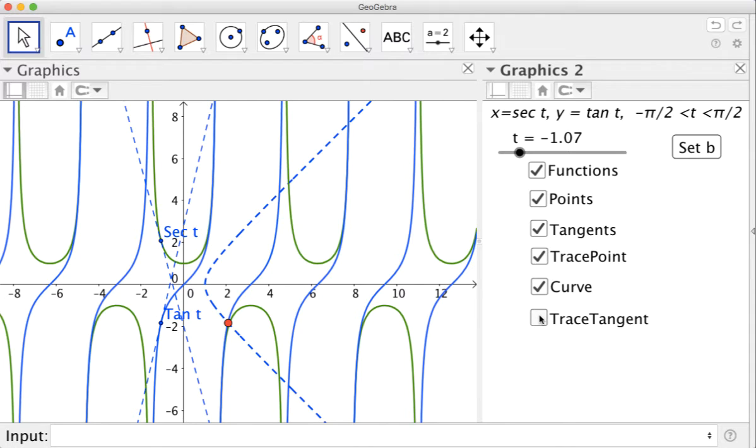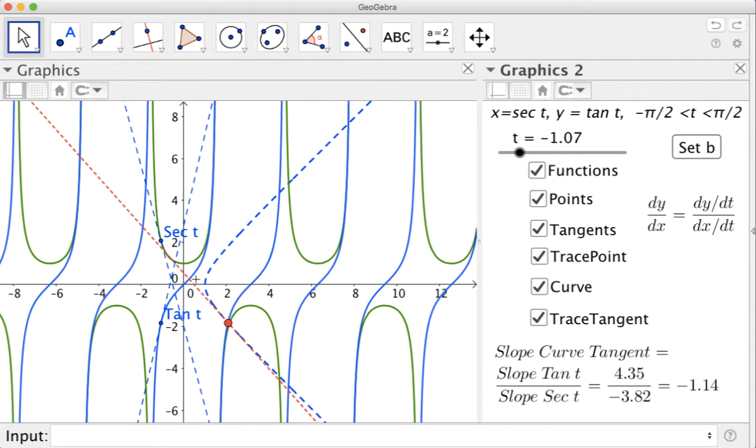So let's take a look at that. Right now, the slope of the tangent line at our tangent of t is given by 4.35. The slope here for our secant, which is again our x value, has a slope of negative 3.82.